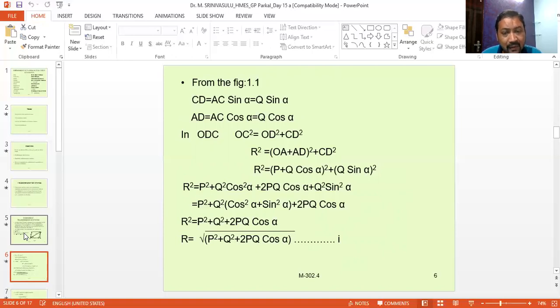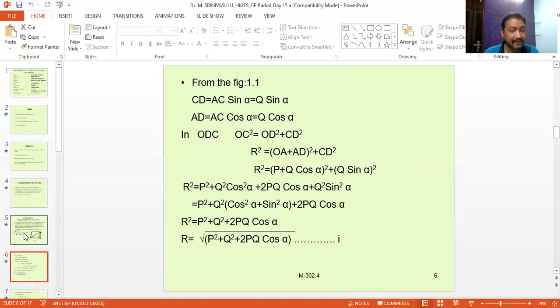Now here we got the common terms. By seeing this equation, we know that Q square is common. So first one is P square plus Q square into cos square alpha plus Q square into sin square alpha. If we take Q square common, then cos square alpha plus sin square alpha, plus 2PQ into cos alpha.